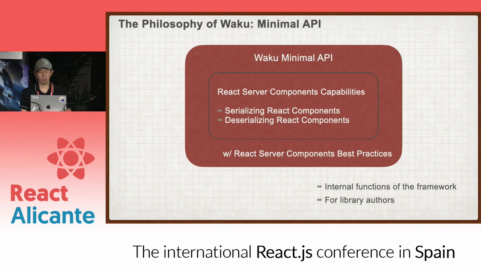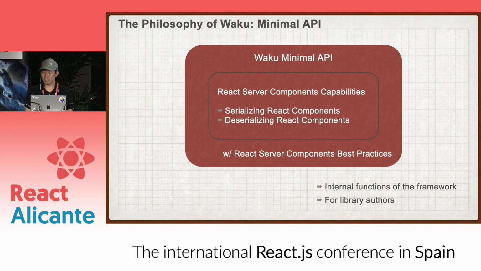We call it the minimal API. The minimal API exposes low-level functions for serialization and deserialization, and also follows the best practices of React Server components. You can think of it as exposing the internal functions of the framework.